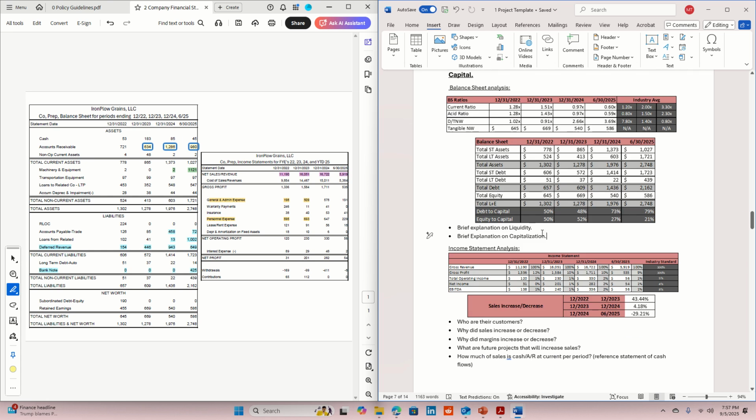So, a brief explanation on liquidity, right? We're going to start it off with an explanation on what our liquidity consists of.